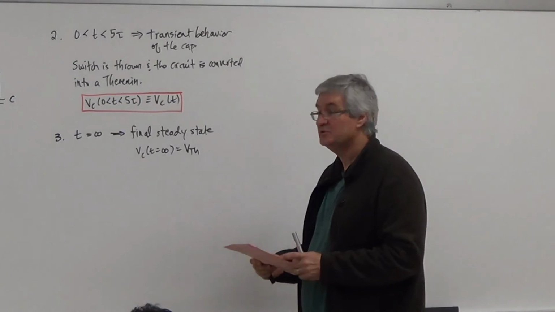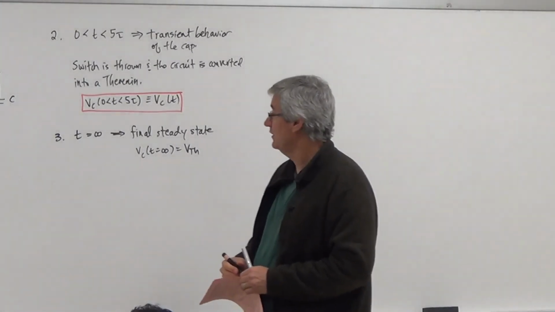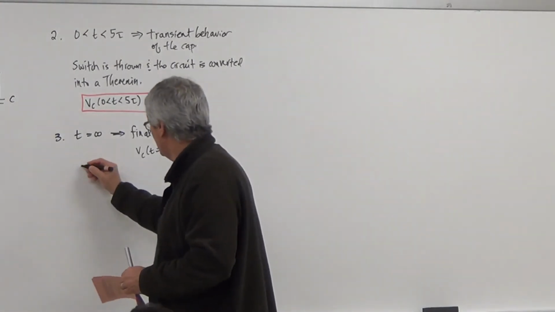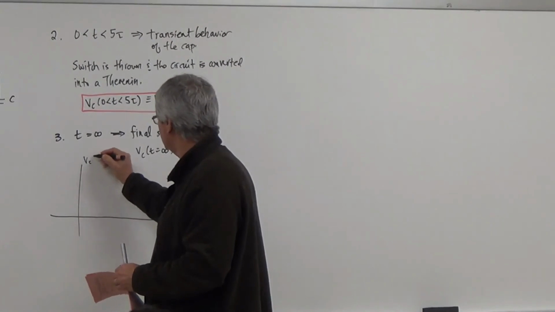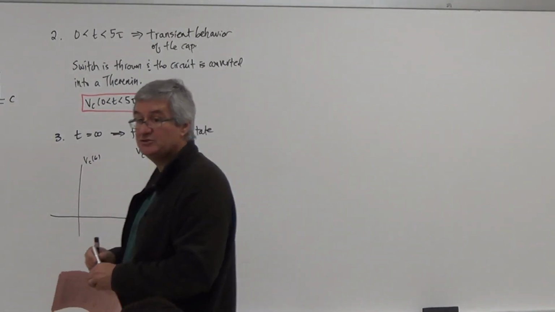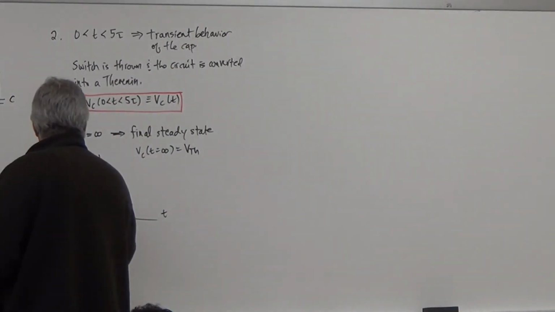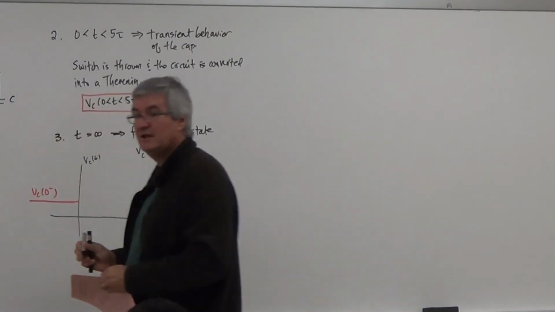So if I was to physically look at what is going on here, if I was to just plot the voltage of the capacitor, and this is my time axis, this guy comes in. What does it come in at? It comes in like this.